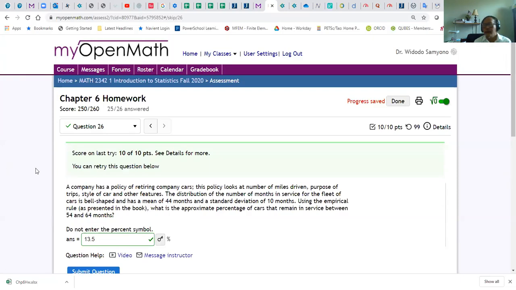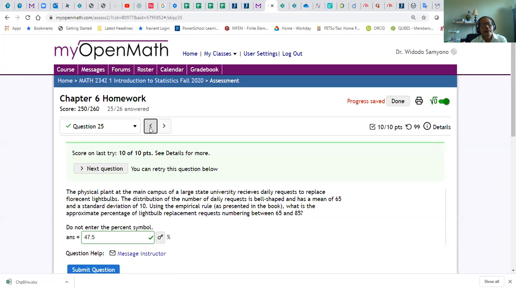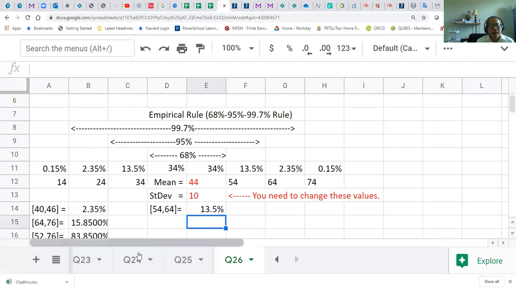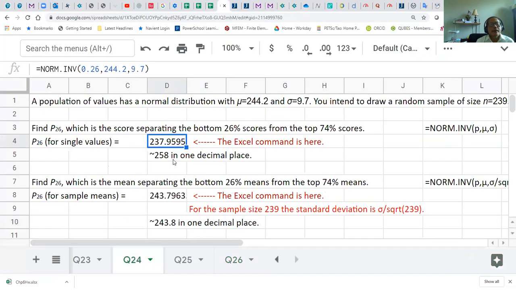Okay. Yeah, we still have time, like 5 minutes. Let me go back to number 84. So you can see this is the same thing. In this problem, the percentage is 26% or 0.26.